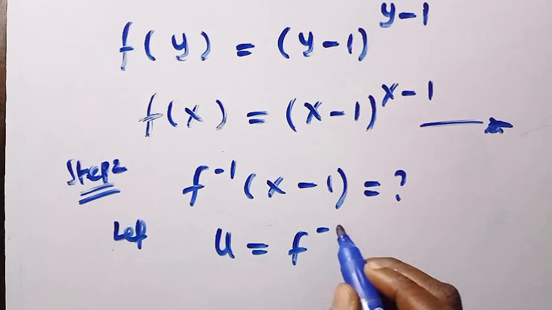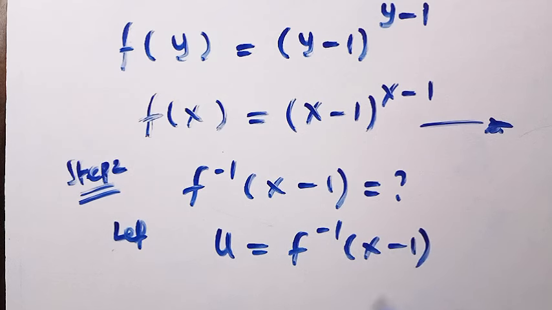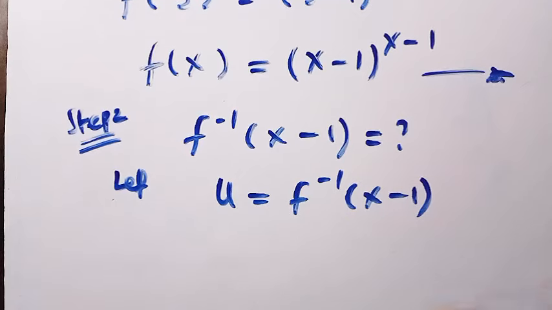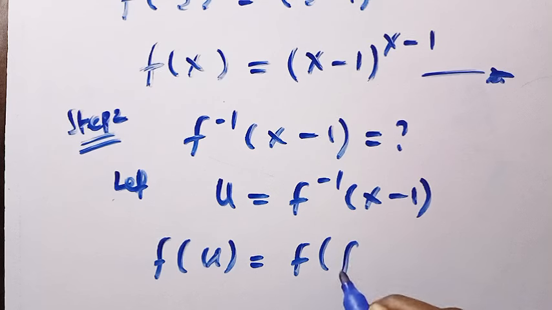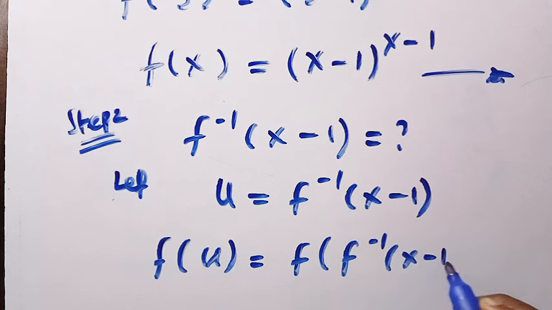Let u equal f inverse of x minus 1. So if I introduce the function f, we have f of u equals f of f inverse of x minus 1.